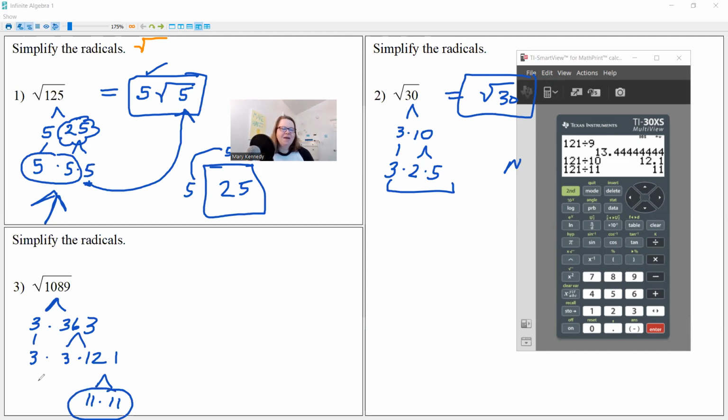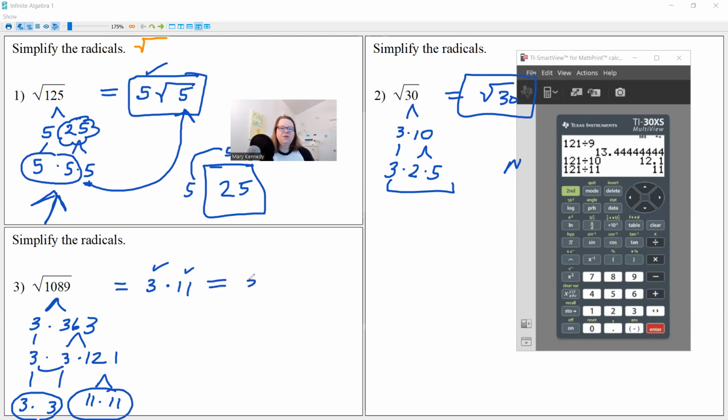So there's a pair. And let me bring down the other numbers. There's a pair of 3s. Now, if I have 2 pairs, then that means that this is 3 times 11, because a pair is a perfect square. So that means this was really a 9. Square root of 9 is 3. So there's the 3. This was the square root of 121, which I know is 11.